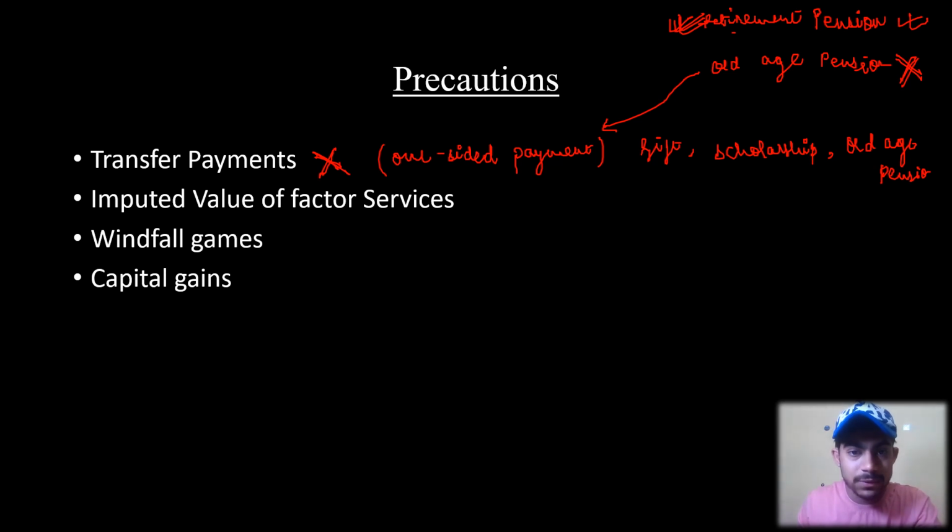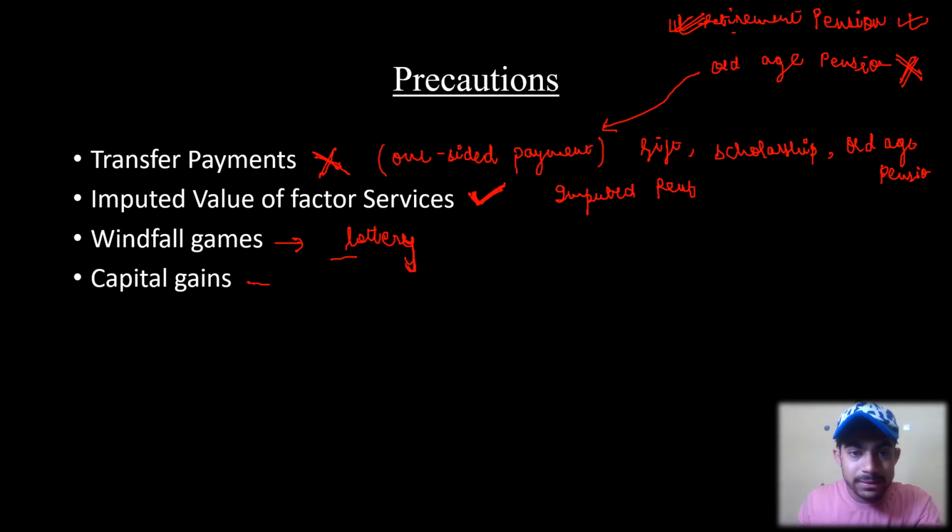Imputed value of factor services, we will include this since it helps in the flow of goods and services. Say imputed rent or any factor. Windfall gains, for example lottery, these are all non-factor services, and hence we are not going to include these while calculating national income using the income method.